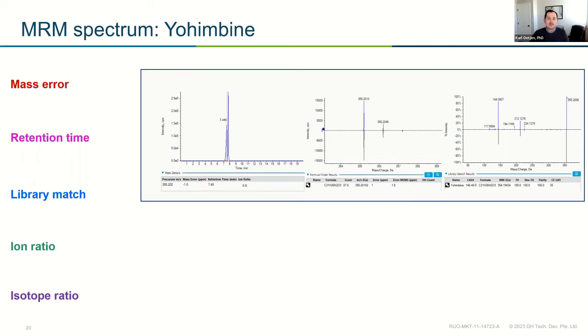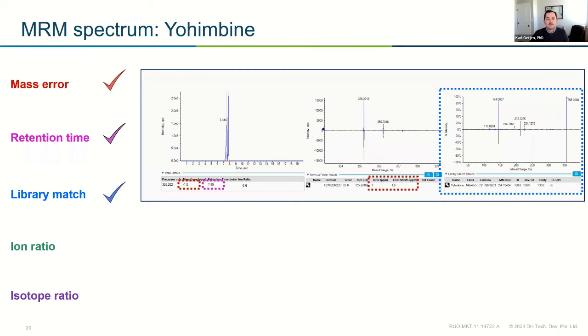So I went through and used my pieces of evidence, and I said, okay, the mass error makes sense for both the fragment and the parent. The retention time makes sense to my standard. I'm confident there. The fragmentation all matched not only my standard, but my library. So I can sleep well.